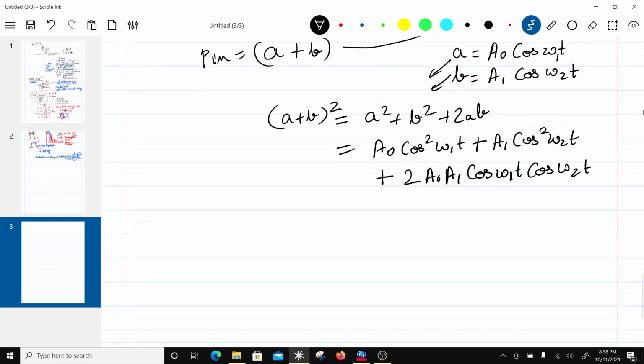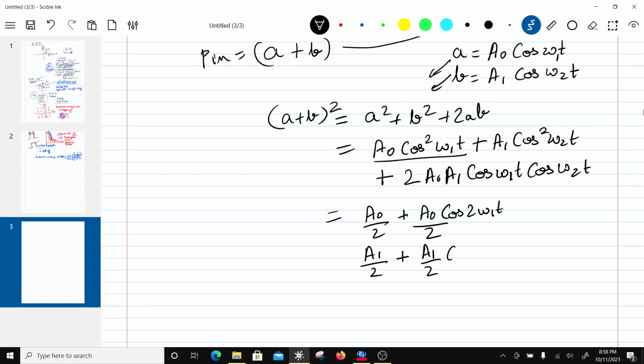I can represent this using the double angle: cos square theta is 1 plus cos 2 theta, divided by 2. So A0 by 2 plus A0 by 2 cos of twice omega 1 t, and similarly A1 by 2 plus A1 by 2 cos of twice omega 2 t.